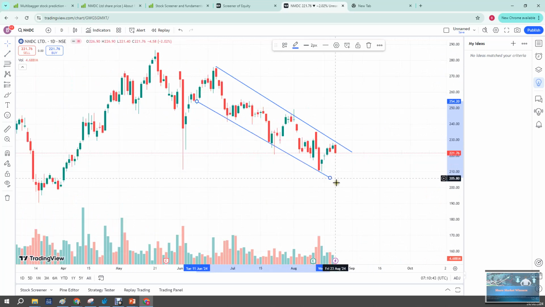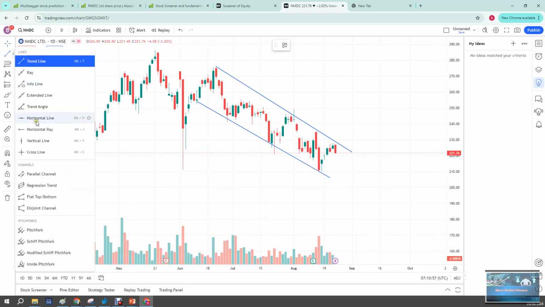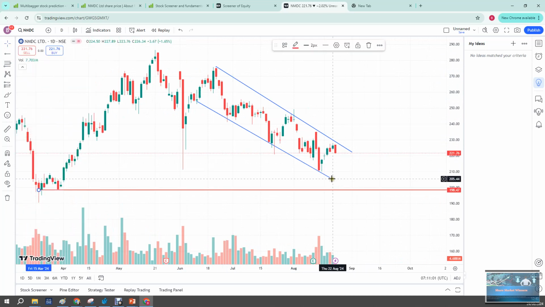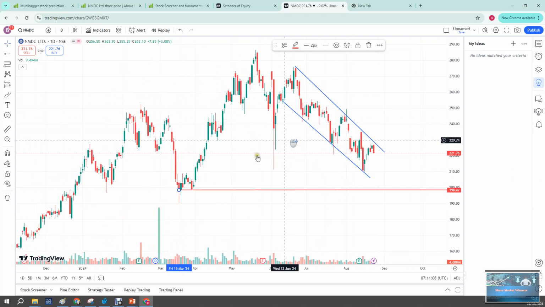There is still potential unless it breaks the top side of this resistance line, otherwise it keeps falling. We'll have to find out what the support is at which it can regain potential. So we'll have to wait, add that to a watch list, and find out whether it is going to continue this trend or break the trend. There are different patterns, like a double bottom pattern and various others. When it touches this point, there could be a momentum which we can see.